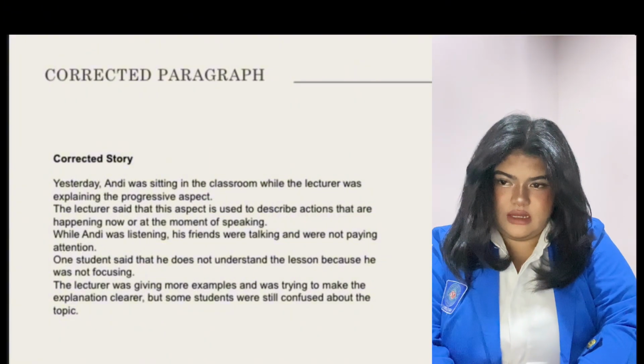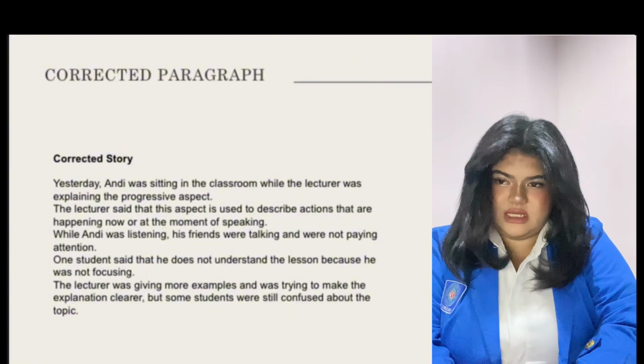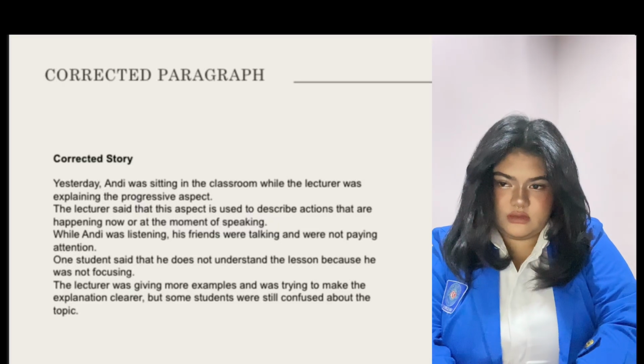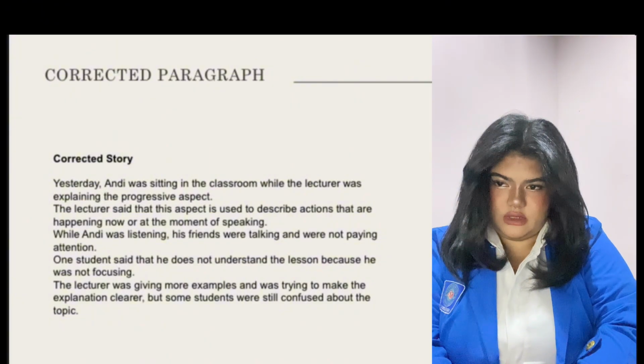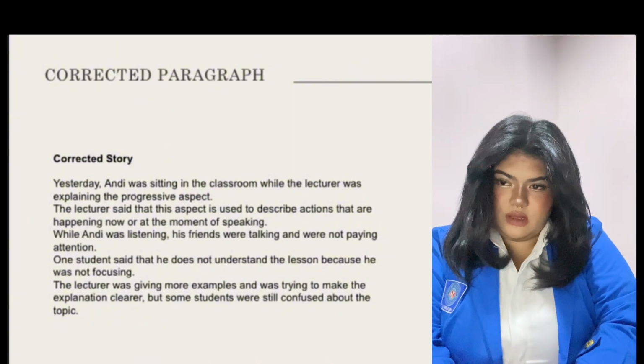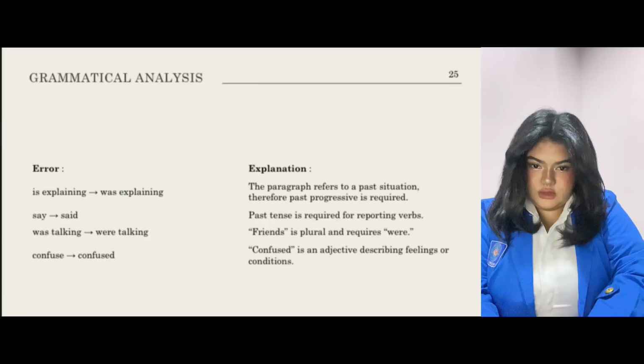One student said that he does not understand the lesson because he was not focusing. The lecturer was giving more examples and was trying to make the explanation clearer, but some students were still confused about the topic.